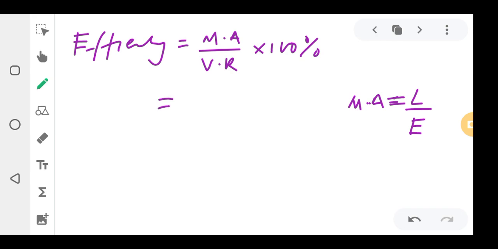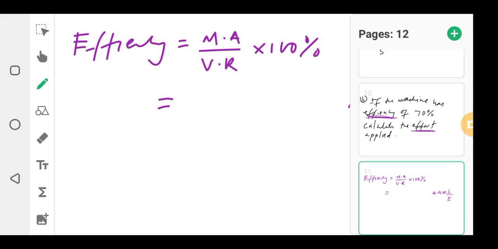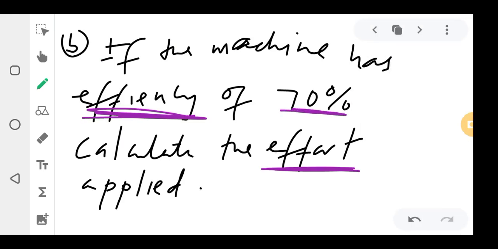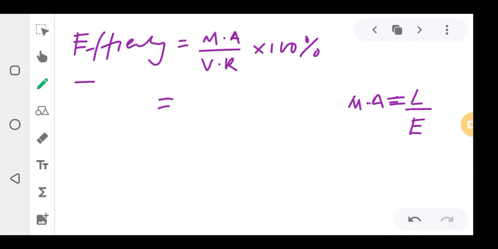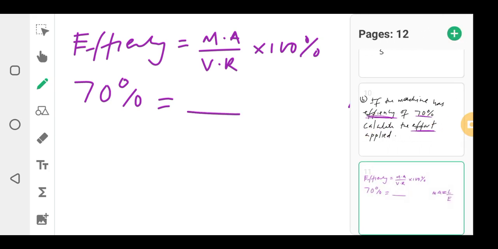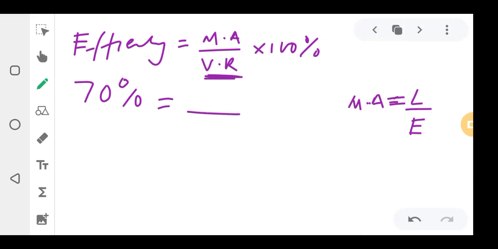So we'll start. First, the efficiency we have. What is the efficiency? Efficiency is 70%. So on efficiency you put 70% like this. And then mechanical advantage, you do not know, it was not given. Velocity ratio is 6. You remember there are 5 strings, so on velocity ratio here you put 6.